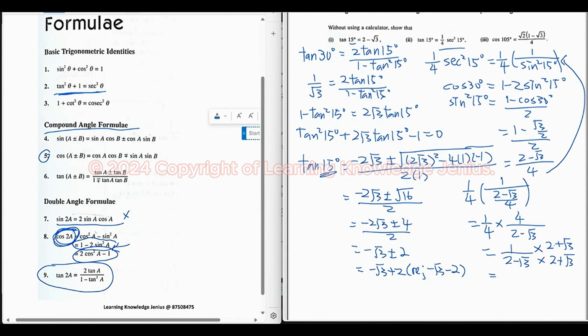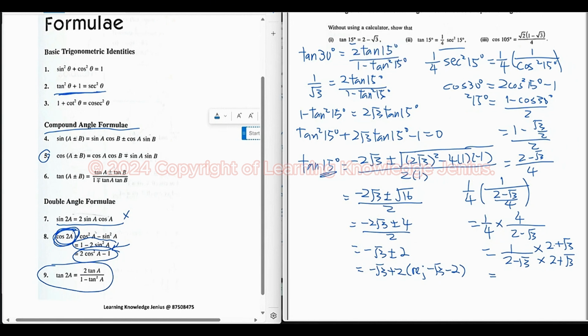Oh, I made a mistake. It is cosine square instead, not the sine square. Sorry. Secant square is actually the reciprocal of cosine square. So I need to amend.